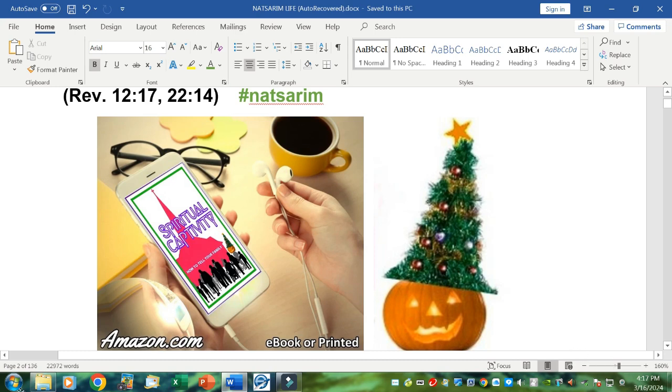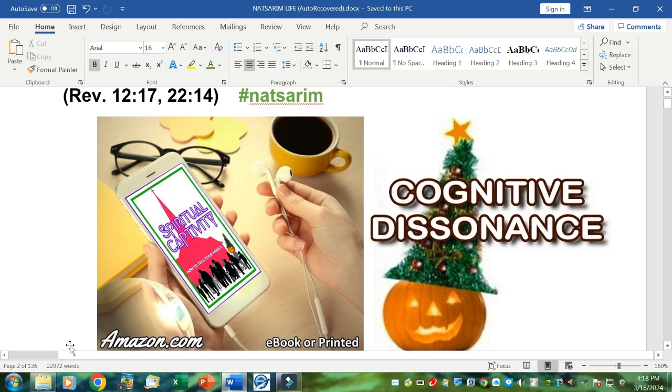Well, here we have Spiritual Captivity, which you can order from Amazon.com or TorahZone.net. It's a book. It's my last book, actually, addressing the problems that people have with their families when they suddenly wake up. Their family doesn't want to talk to you about these things to your face because they get enraged, because their programming is conflicted when you tell them the truth.